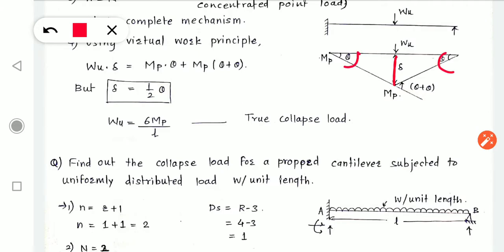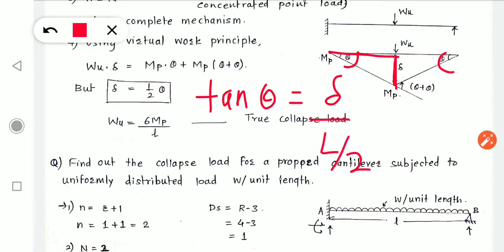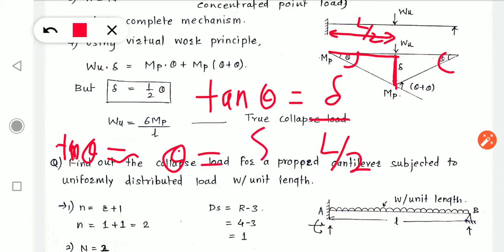How to do that? For that, I am using the formula tan theta is equal to deflection divided by half of the length, because this concentrated load is at L by 2 distance. Okay, but theta is a very minute angle, therefore tan theta is approximately equal to theta, which is equal to deflection divided by L by 2.